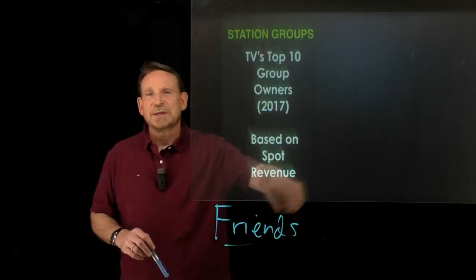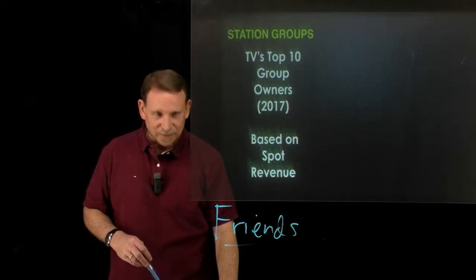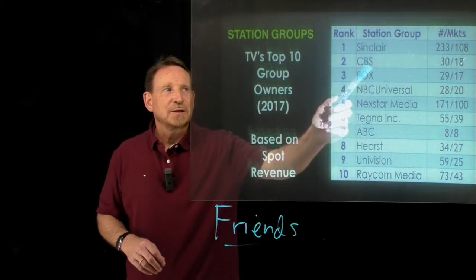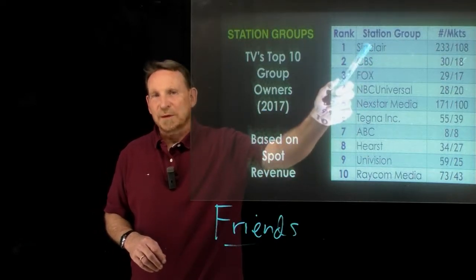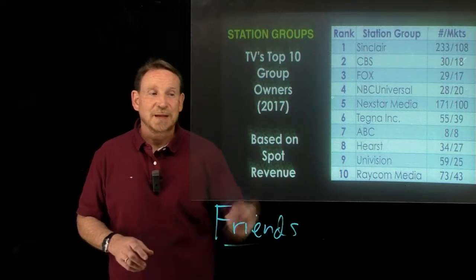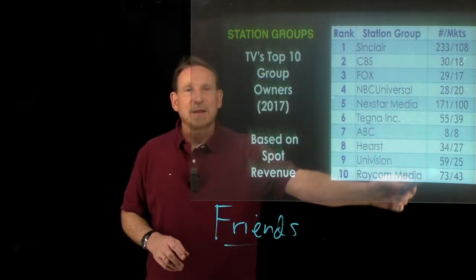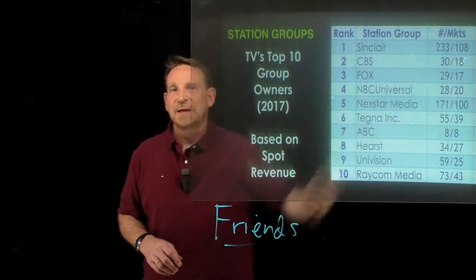I'm going to give you a listing of the top 10 stations based on their spot revenue. What does that mean exactly? Well, we're seeing Sinclair, CBS, Fox, NBC. Sinclair is number one in the amount of money they're raising through their commercials. That's what spot revenue is. You can see in this next column, 233 stations in 108 markets.